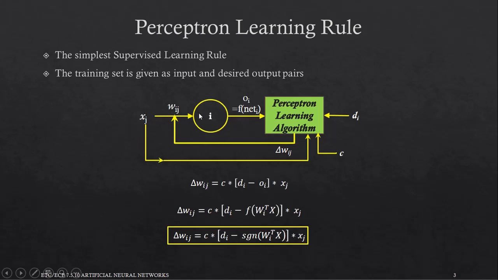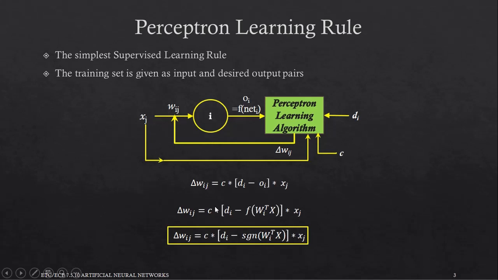This is the same as delta Wij equals C into (Di minus f of Wi transpose X) into Xj. Here capital W transpose capital X is the product of the entire weight matrix of the neuron and the input pattern matrix.